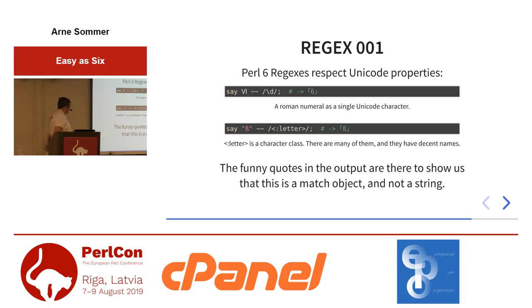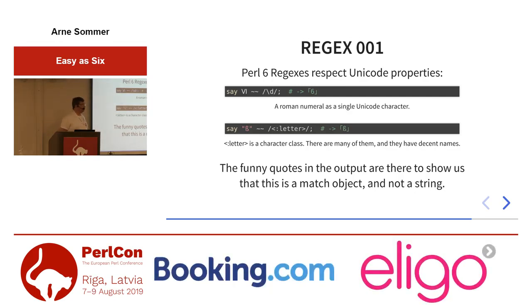And also the German double S is a letter. Letter is a character class. There are many of them, and they have decent names. So you can write regexes that are easier to understand.